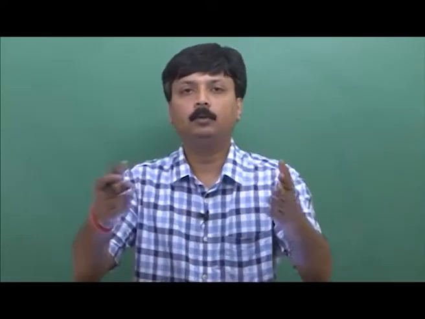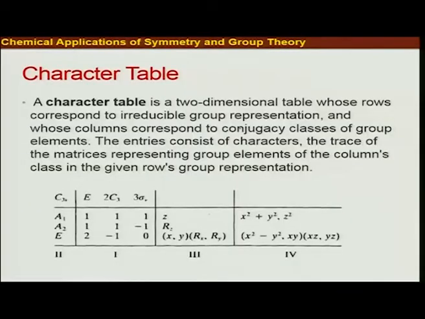The trace of the matrix is called the character of the matrix representation, because these traces bear all the properties of the matrices in a very compact form, and it is very easy to use because we can get the characters even without formation of the matrix. We showed that in the later part of this course.